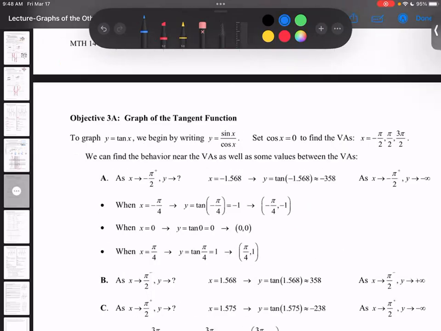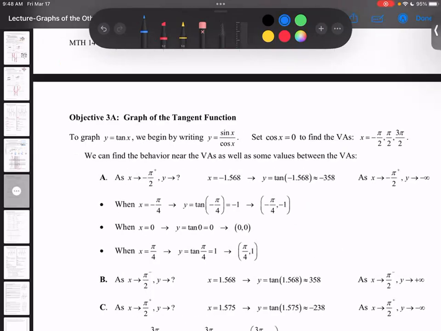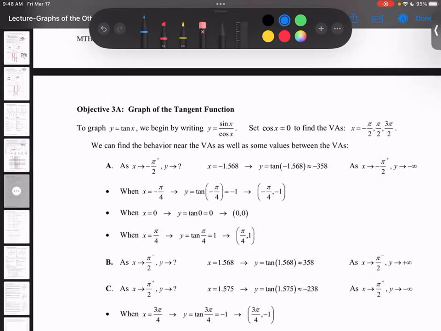Usually when we are given tangent x, we begin to write it as psi x divided by cosine x, right? Y over x. Here, for the vertical asymptote, you set the denominator equal to 0. Basically, you set cosine x equals 0. They already wrote it here. I don't have to rewrite that. Again, you look at the unit circle.